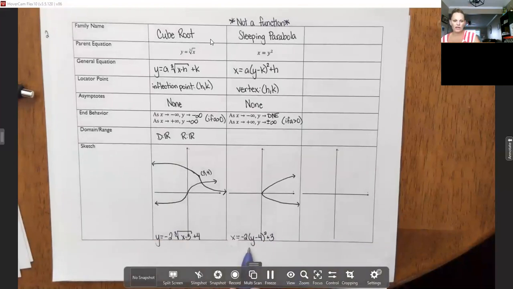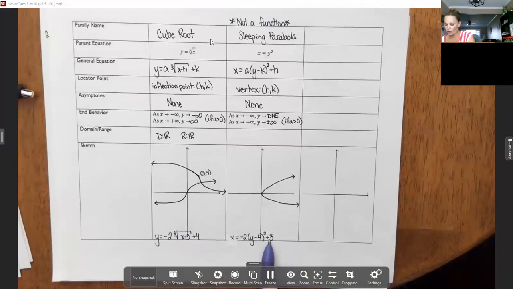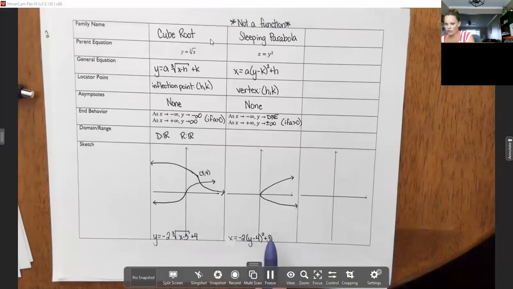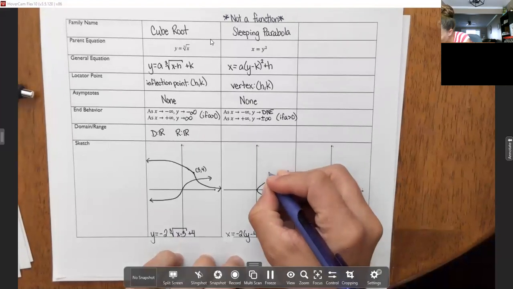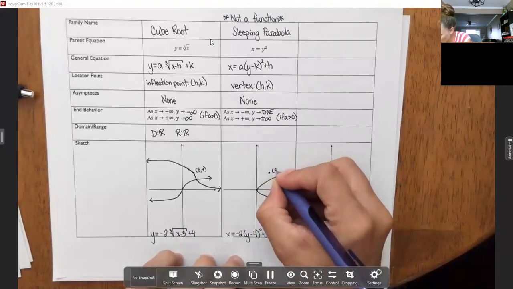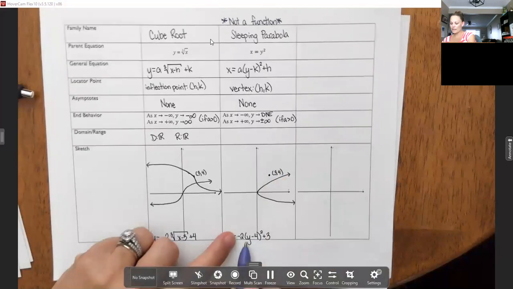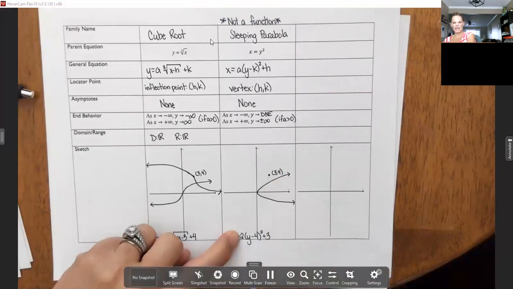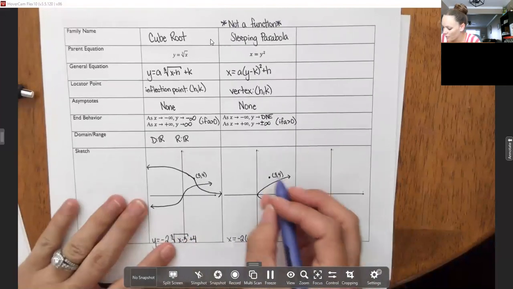So this equation still has a is -2, k is 4, and h is 3. So it still has that same point, (3, 4). Because a is 2 in magnitude, it makes it skinnier. And then the negative makes it open to the left.